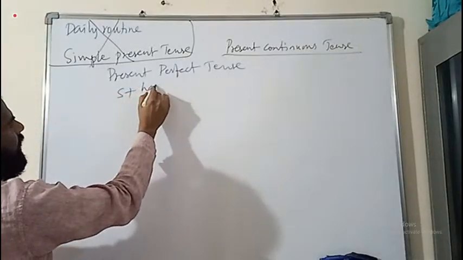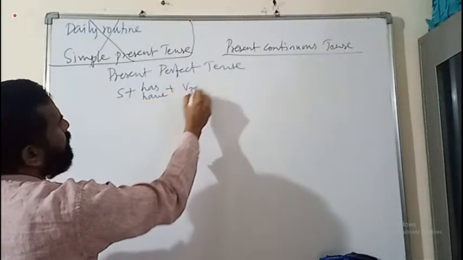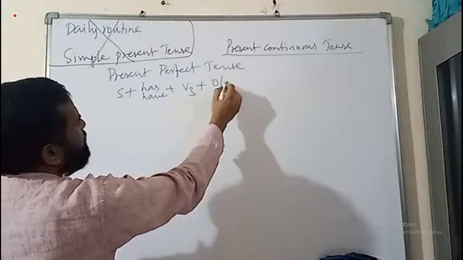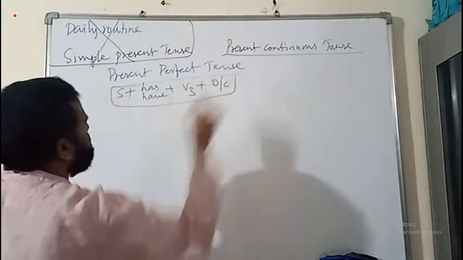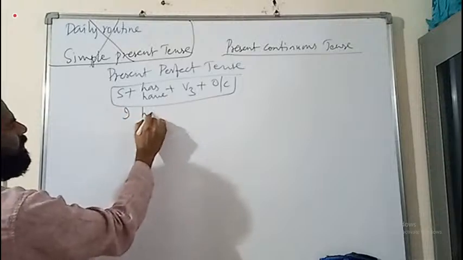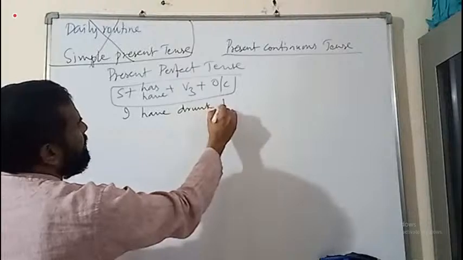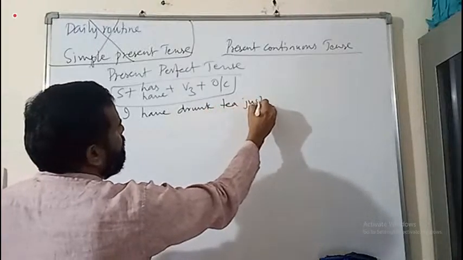Subject plus has or have plus verb 3 plus object or complement. So I always take have. I have drunk tea just now.